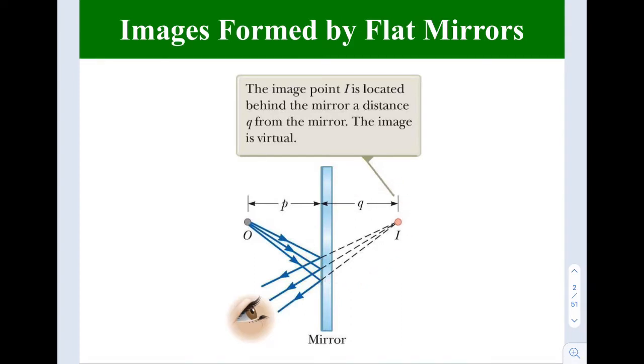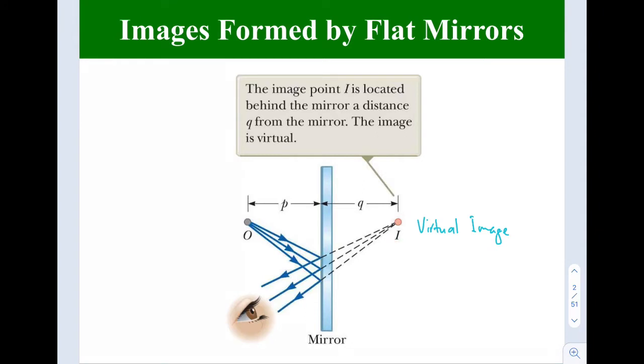The image formed by the mirror in this figure is a virtual image, because the rays appear to be coming from the image point. So we can conclude that the image produced by a flat mirror is always a virtual image.